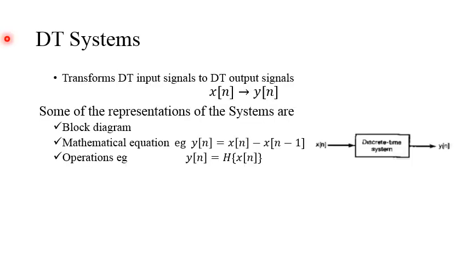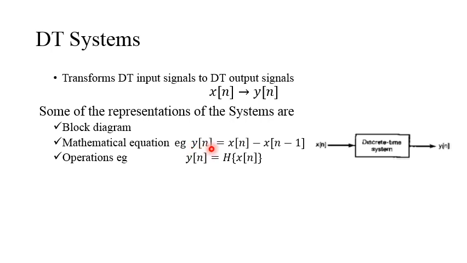In the case of a discrete time system, the input signals to the system are discrete and it produces some discrete output, right? We can represent the discrete time system by a block diagram, such as shown here. We have the input signal, some discrete time system, and the output signal. Similarly, we can also represent the discrete time system by mathematical equations, such as this one.